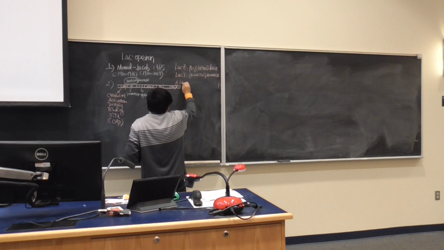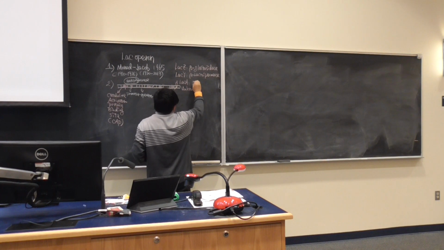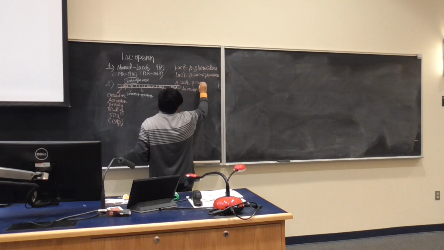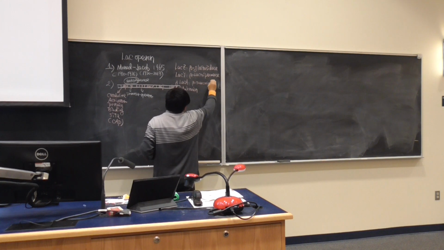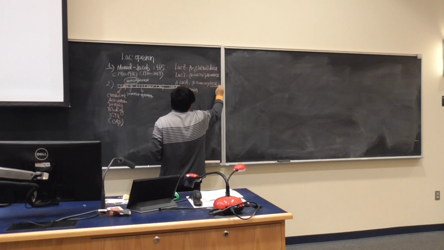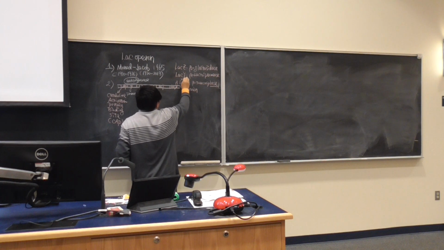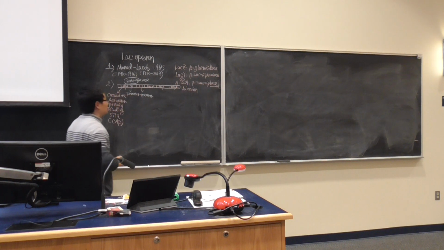Now, lacA, a lot of the time, we say it is unknown because we don't know the function yet. If you really want to know, it's beta-transacetylase. But we don't talk about this one too much because for lacA, the function is unknown.